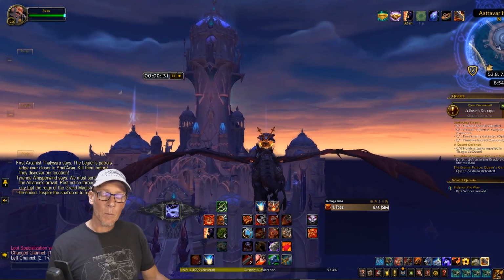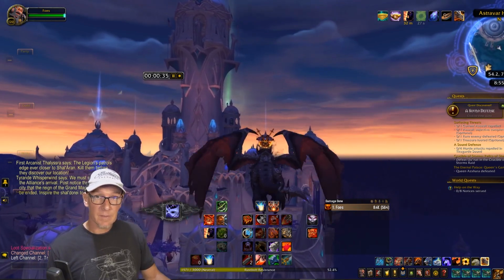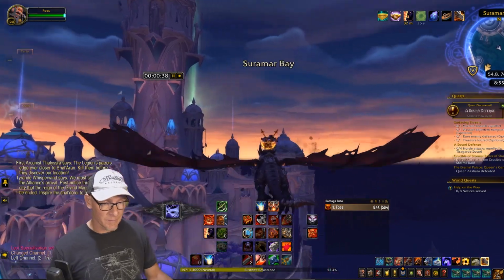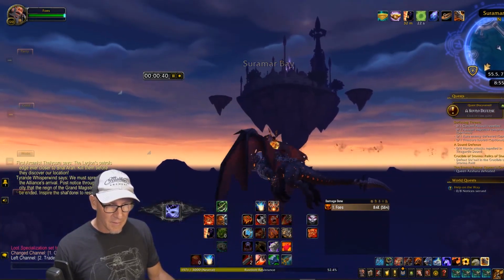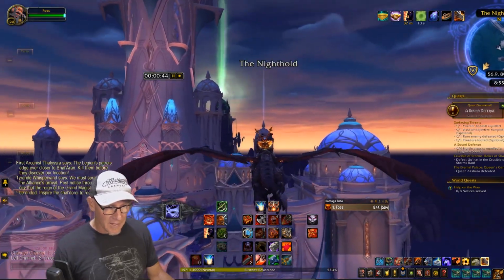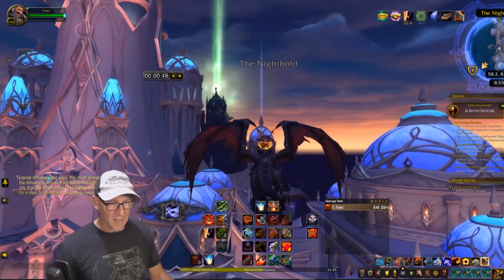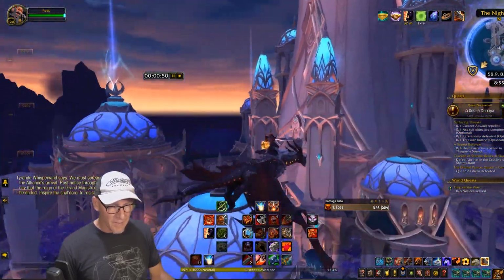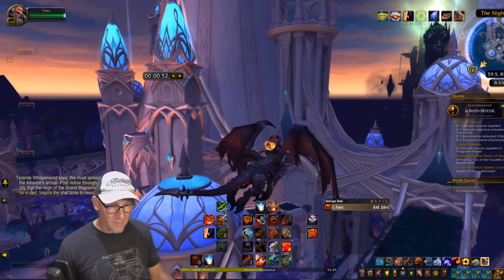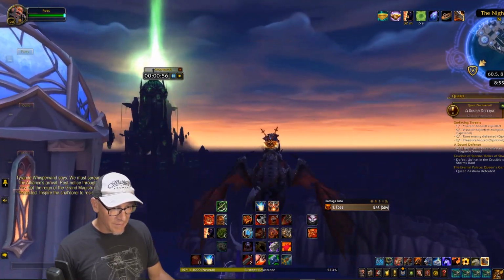I'll probably go back and watch this and see that I did the math wrong, but I'm going to post it anyways. There's Dalaran, where we came from. Okay, we're getting there. Just going right to the edge of this. Side view. Stop.